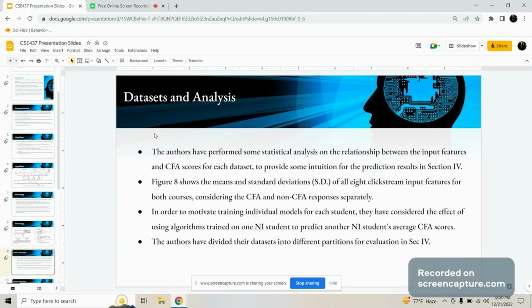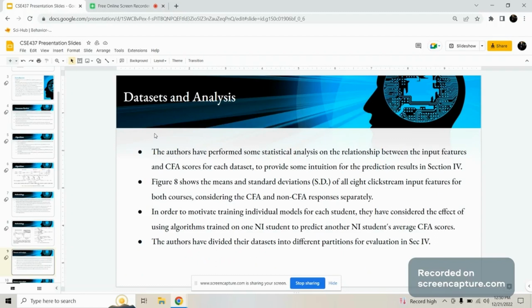As for the datasets and analysis part, it summarizes that students who have completed more of a video are more likely to be successful on the corresponding quiz, given the data collected from the authors' trained model. And as for the mean value, the difference in the means is insignificant between the existing model and the authors' developed model.